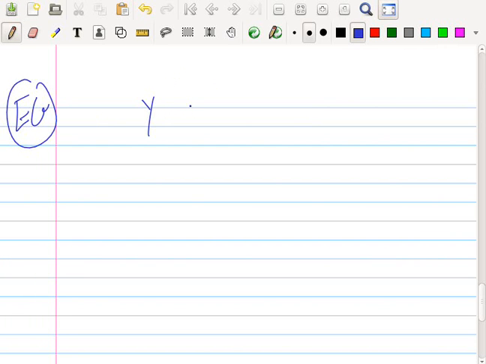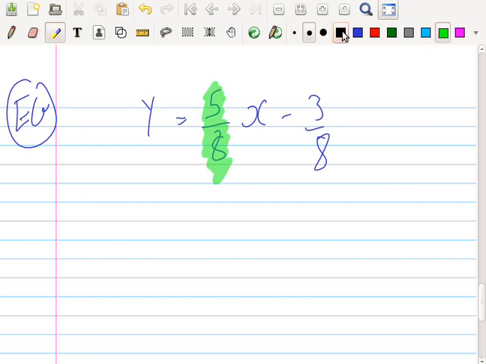Okay, let's take this one as an example. So can anybody give me the interpretation of the slope, the gradient 5/8? Could anybody explain to me what it means? So if I said the slope is 5/8, what does that mean?